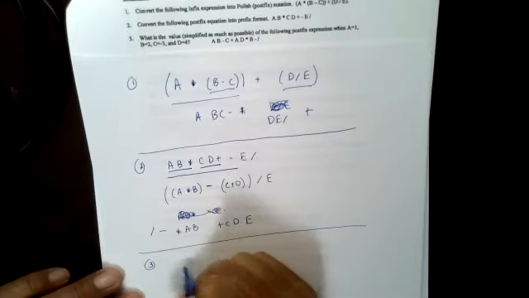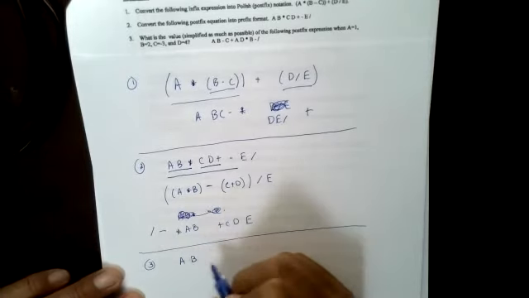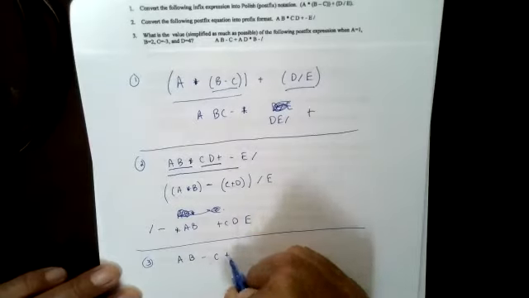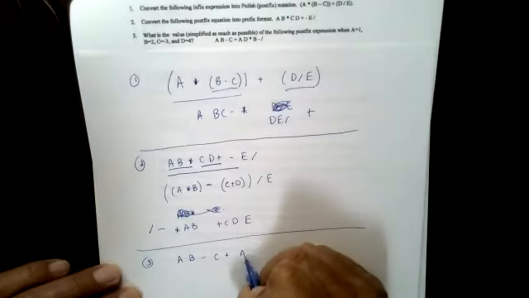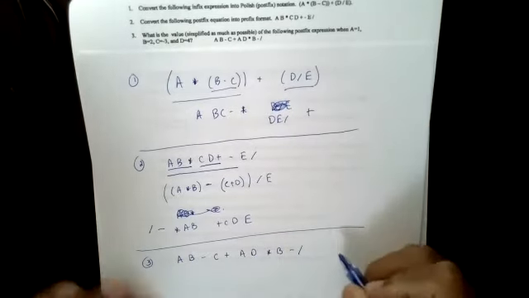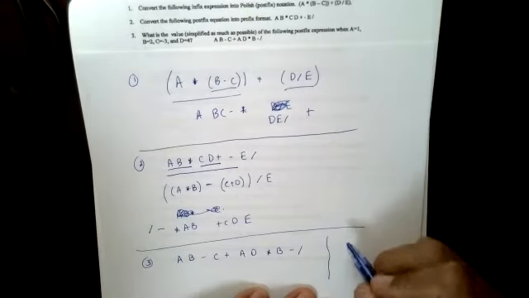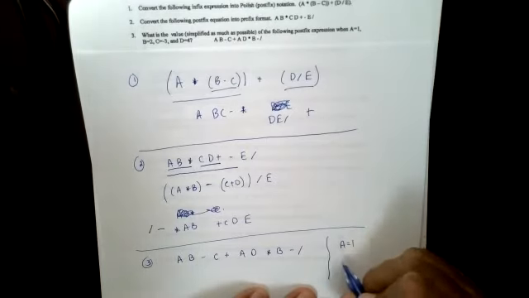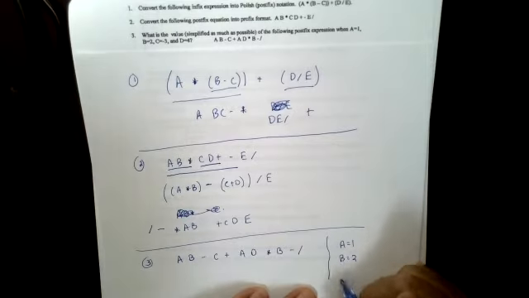Number 3: A, B minus C plus A, D times B minus slash. A is 1, B is 2, C is -3, D is 4.